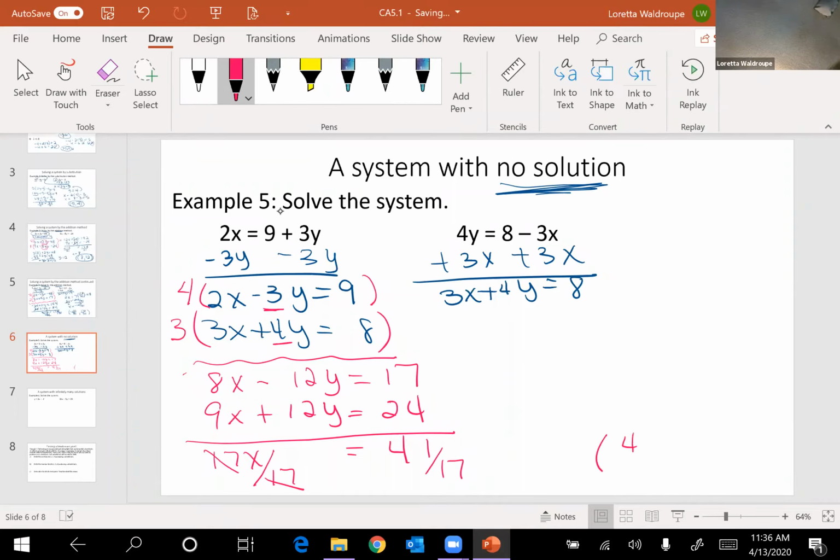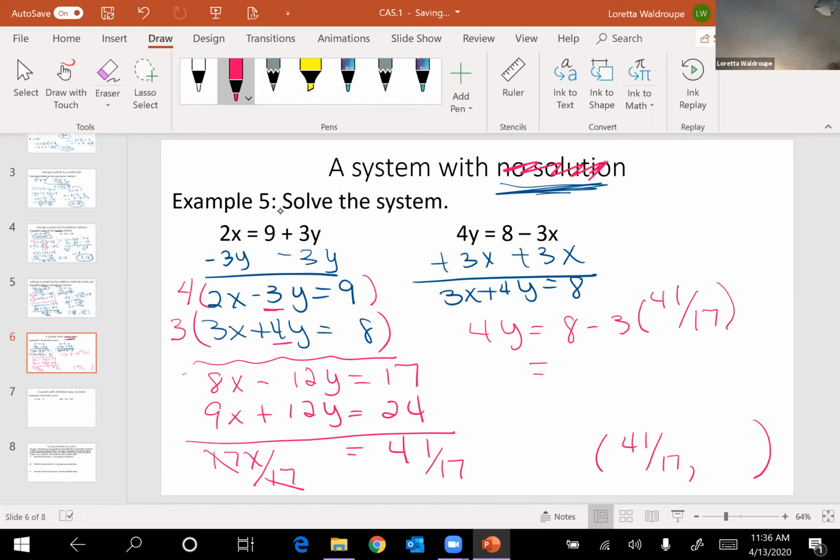So we know that x is 41 over 17. Plugging that back in, 4y equals 8 minus 3 times 41 over 17. Okay?